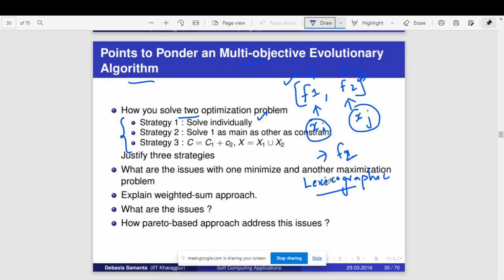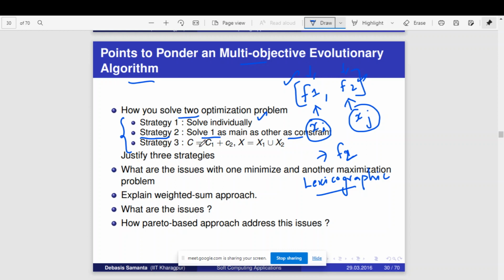When you do it for the next individual, one more constraint will be added. What is that? Exactly. The previous result will be added as a constraint. So that is what the second strategy says. One function we solve, but the second function we use as a constraint. So lexicographic is an example of strategy 2.